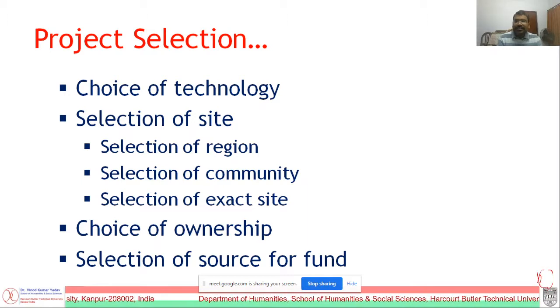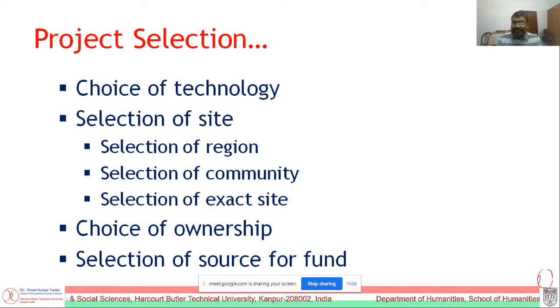Whether to select a sole proprietary format, or a partnership format, or a one person company, OPC, or a private limited company or public company, or you will go for a charitable trust. So which ownership format to choose? This is again very important for the project which you have identified.